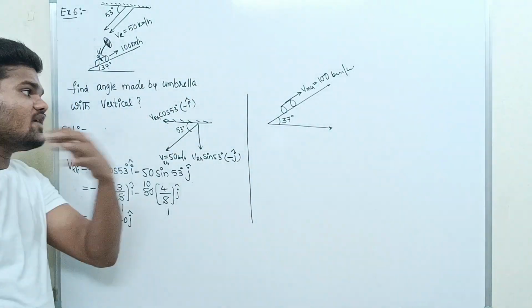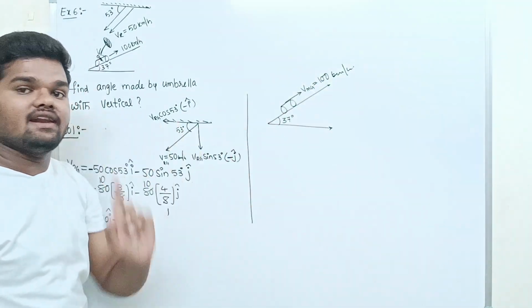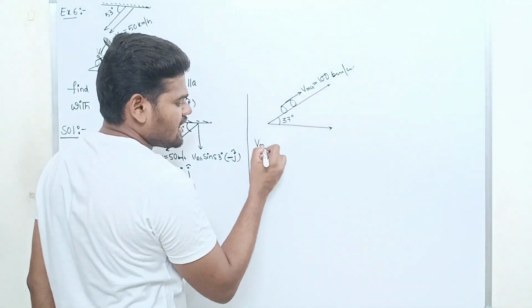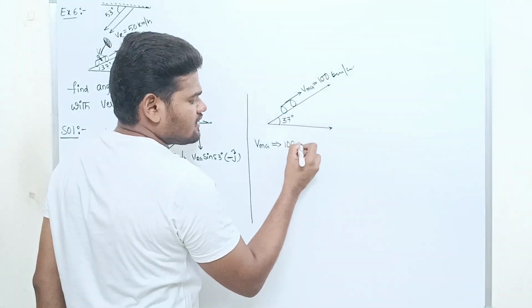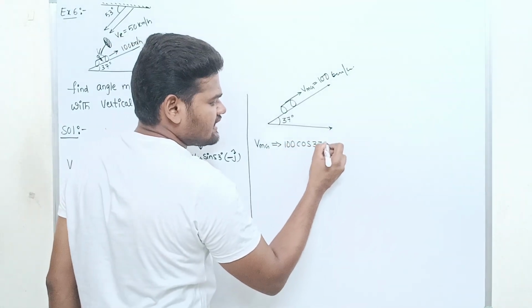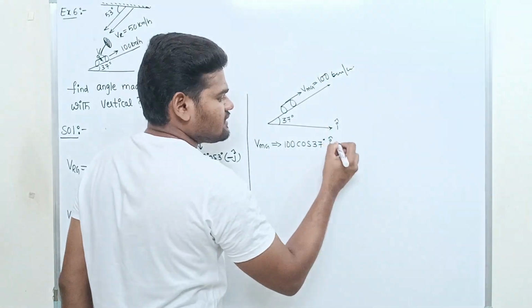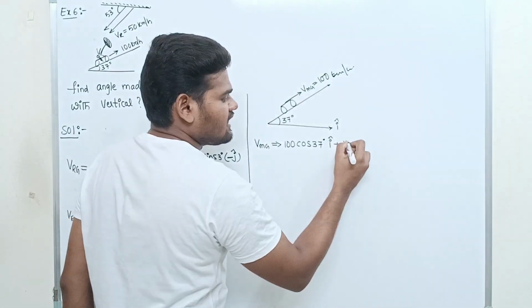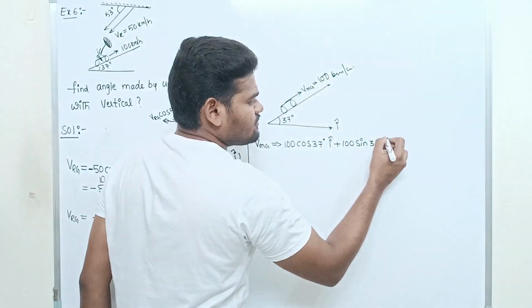Now again we have to resolve this velocity of man with respect to ground into rectangular components. Along the incline it is 100 cos 37 i cap, and perpendicular to it, plus 100 sin 37 j cap.